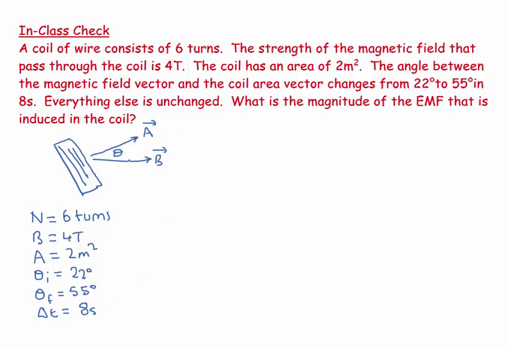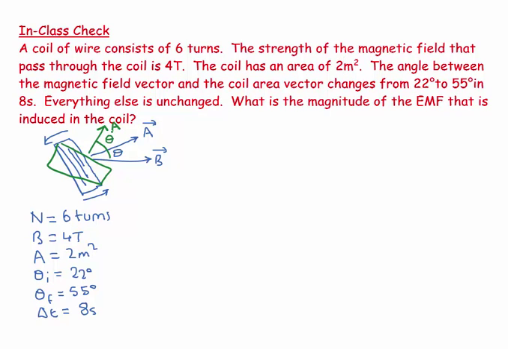So what's going to happen is this thing is going to rotate on an axis, and at some later time the coil is going to be in that direction, and my area vector is going to be like that, and there's going to be my new angle.